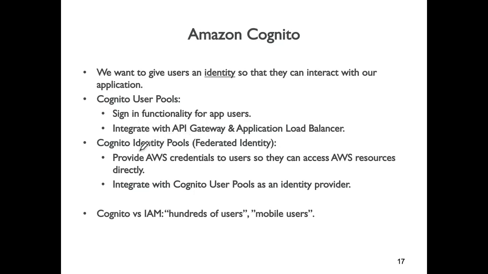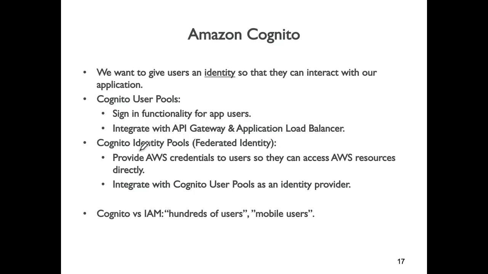Cognito also has this concept of identity pools, which we won't look at, but identity pools are useful if you want to give users their own AWS credentials, like access key and secret key combinations. There may be cases where you want to give users their own set of AWS credentials so that users can interact directly with some of your services.